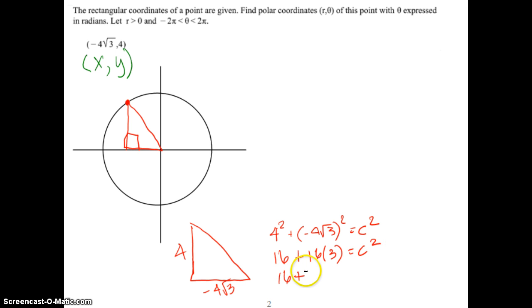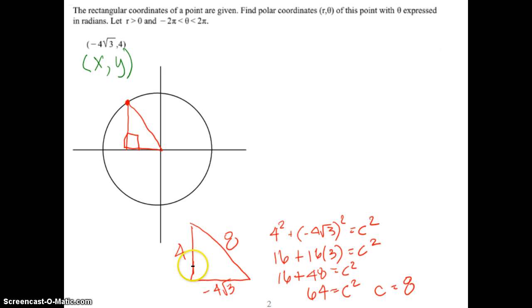So that's 16 plus 48 equals c squared. So 64 is c squared, so c is going to be 8. Okay, so we draw our triangle.